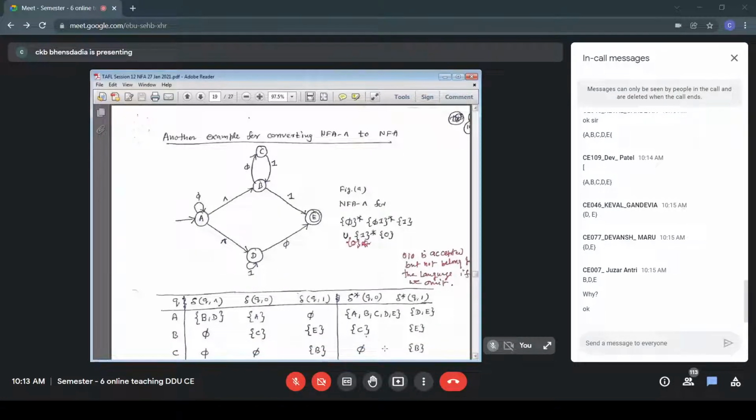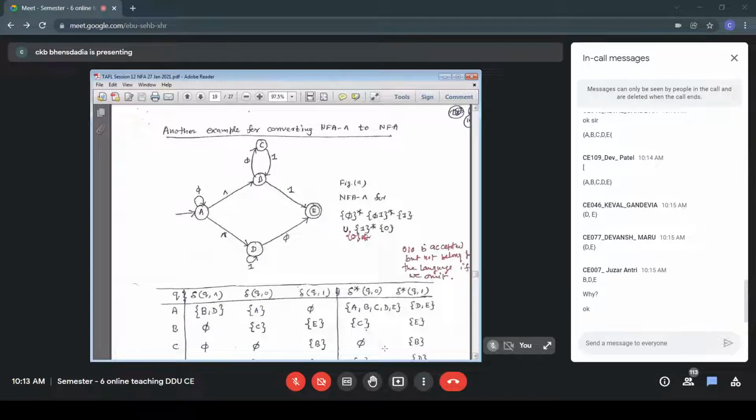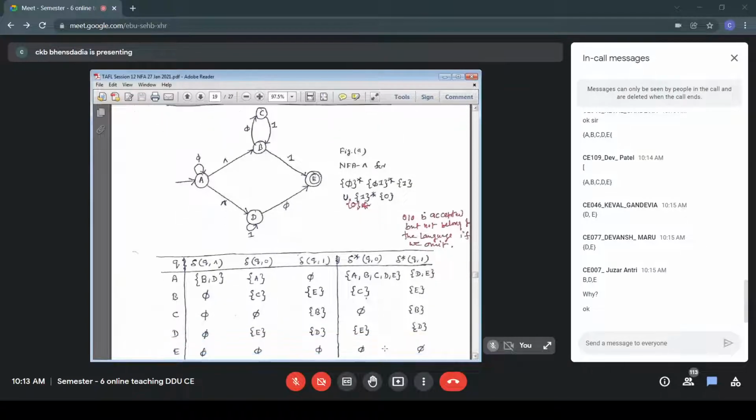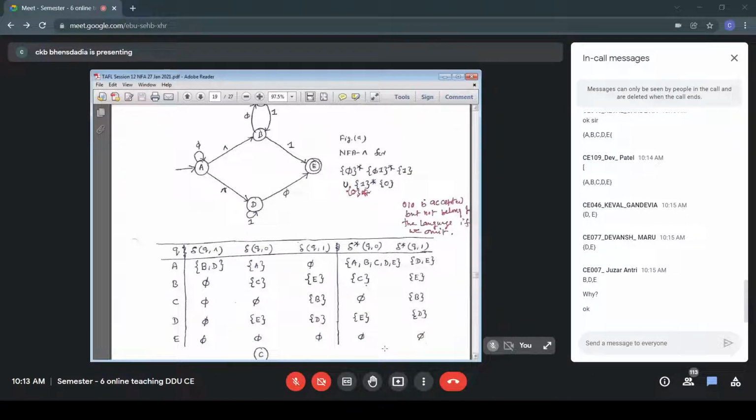C on 0 not defined. C on 1 answer is B. No null transitions, so answer is phi and B. Similarly, taking D. Again, beyond that D, no null transitions are there. So D0 is E, D1 is D. Simple. And again, E, the calculation is simple, phi.